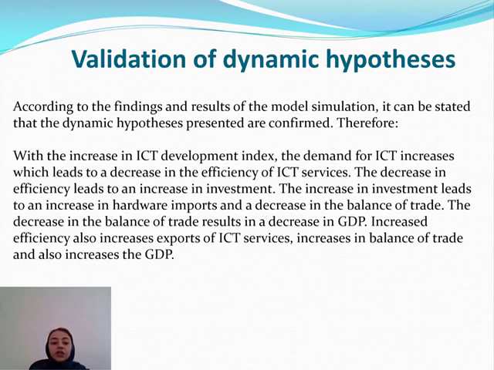The decrease in efficiency leads to an increase in investment, and increasing investment leads to increased hardware import and a decrease in the balance of trade. The decrease in balance of trade will result in decreasing GDP. Increased efficiency also increases export of ICT services, increases the balance of trade and also increases the GDP.